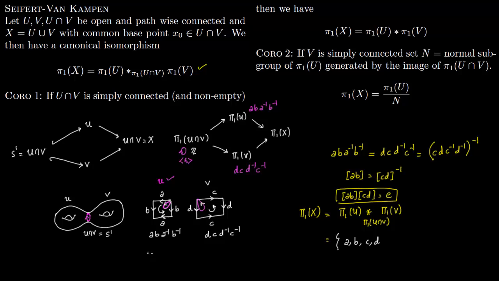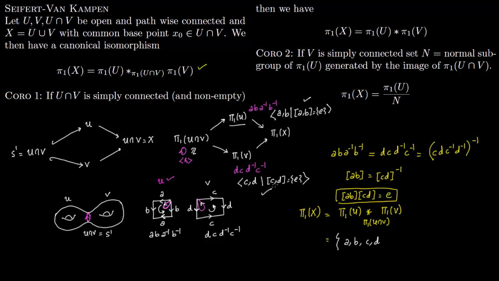For the torus, pi 1 of U is nothing but AB with the commutator of AB as identity. And similarly here pi 1 of V is nothing but CD with the commutator of CD as the identity. This we have computed before using the universal covering space.